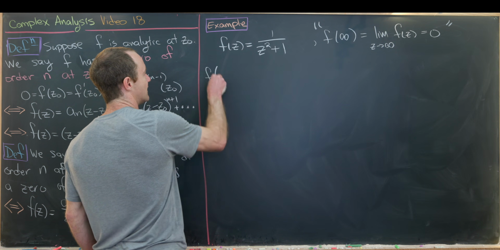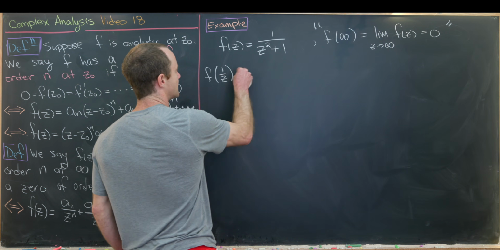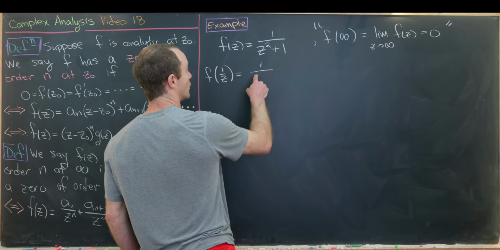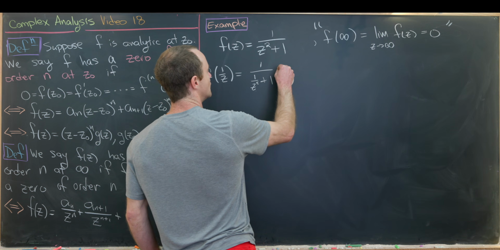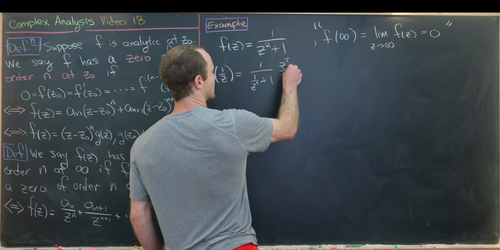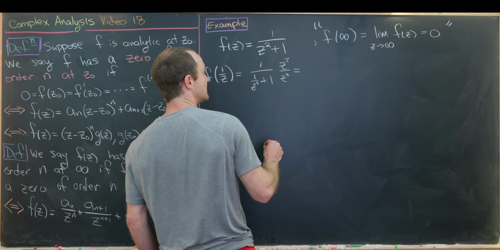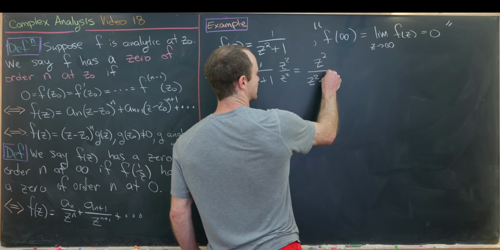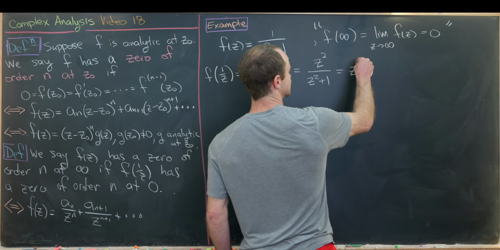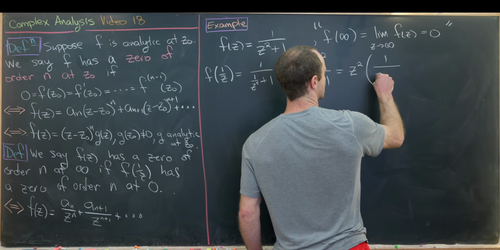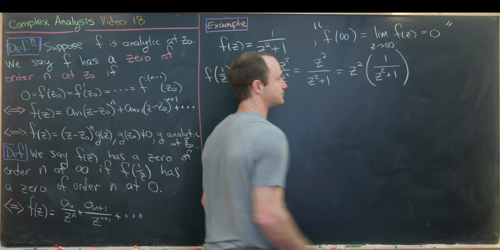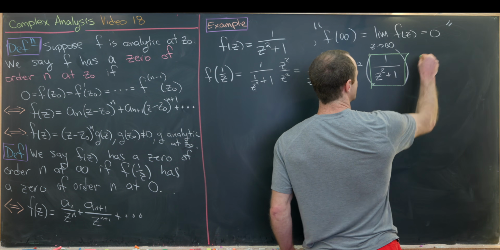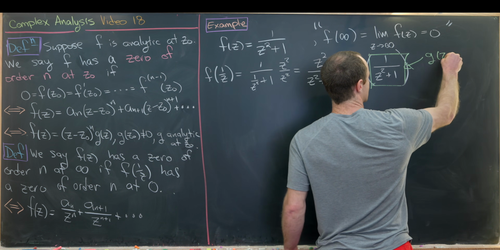We'll calculate f of 1 over z, and we'll see that that is equal to 1 over (1 over z squared) plus 1, which we can multiply the numerator and the denominator by z squared, and we'll see that this is equal to z squared over z squared plus 1, which is finally equal to z squared times 1 over z squared plus 1. And this guy right here is playing the role of g of z in our definition over here.